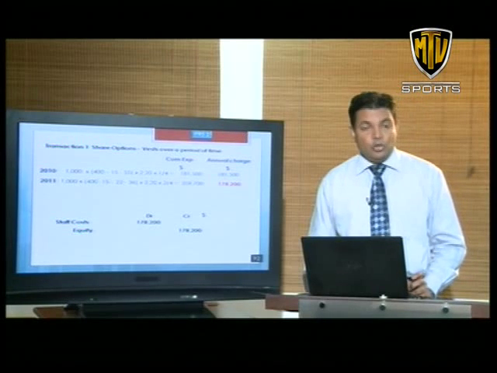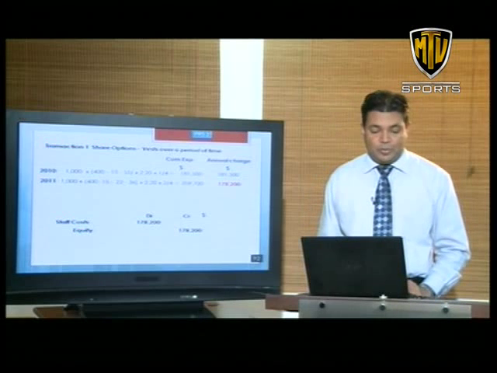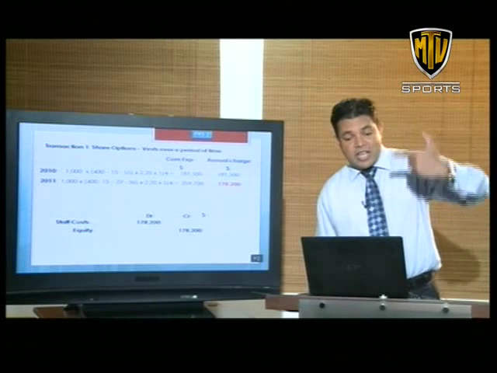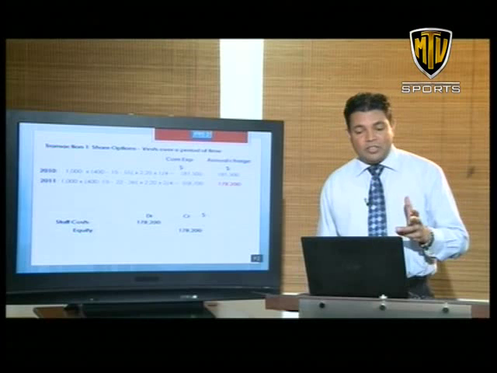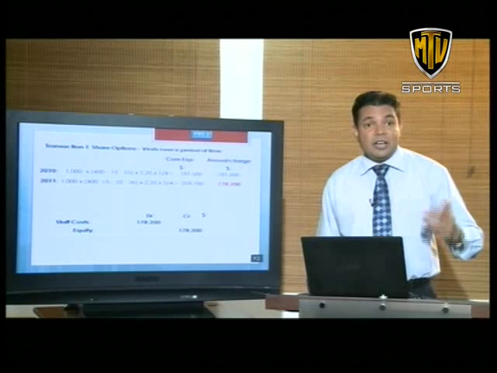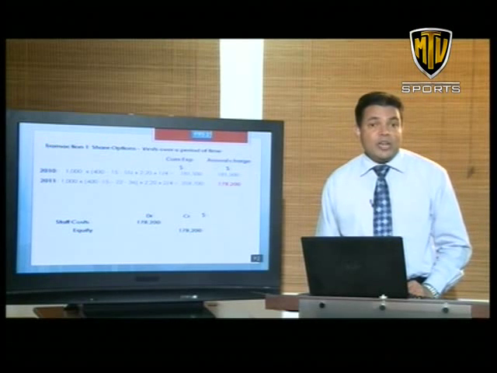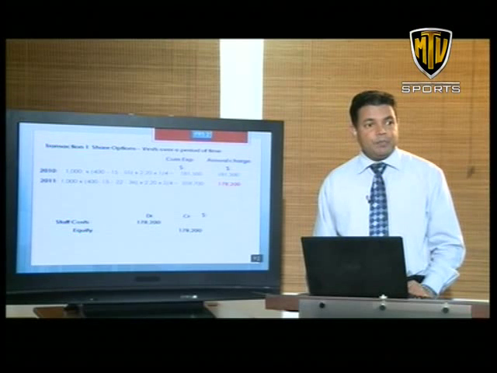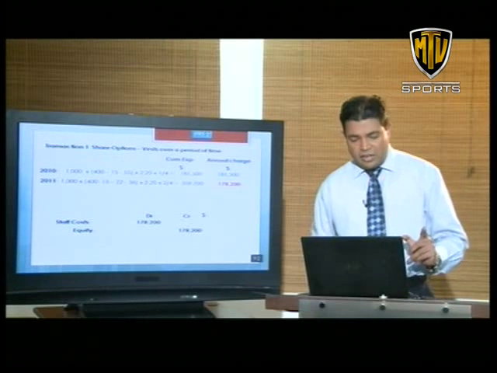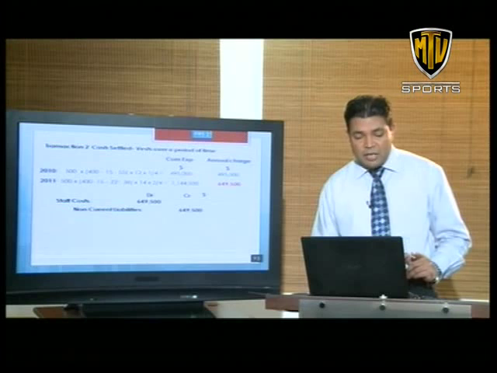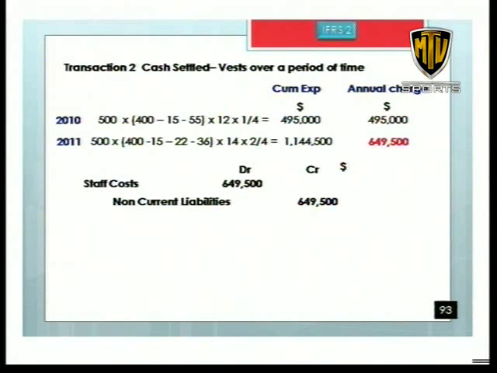Remember, you recognize the annual charge as an expense, and the credit is taken under equity because it is settled by way of share option. It's an equity settled scheme.